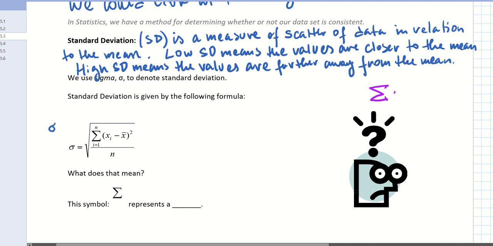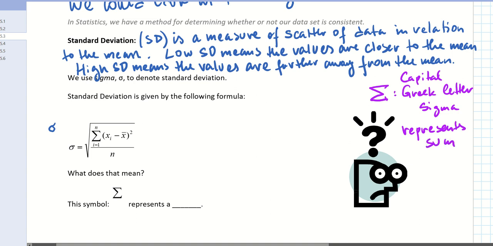Okay. This is the capital Greek letter sigma, and this represents sum. So whenever we see sigma, that means the sum of something. And then we have, again, the other sigma, the lowercase sigma, which is like an O with a tail on top, like that.